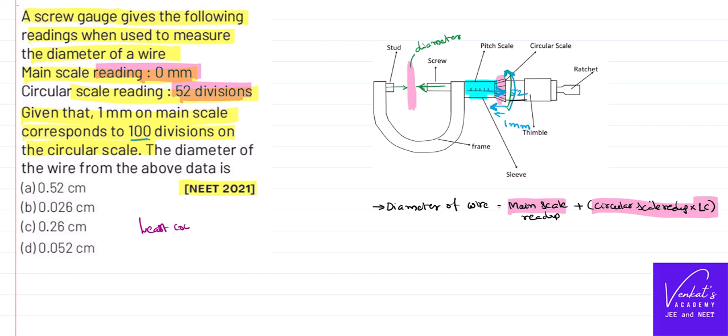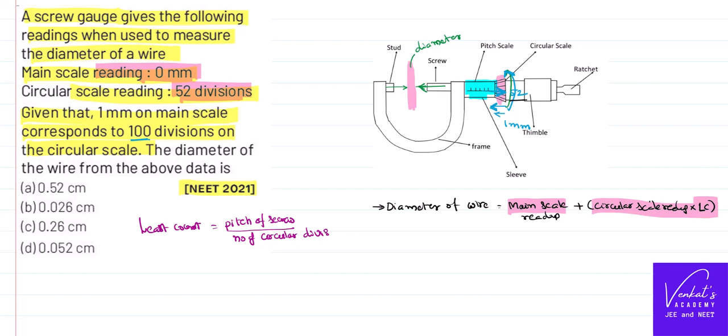Least count can be found as the reading of the pitch scale for 1 unit, that is the pitch of the screw, meaning how much the entire circular scale moves forward on the pitch scale or main scale, divided by the number of circular divisions on the circular scale.